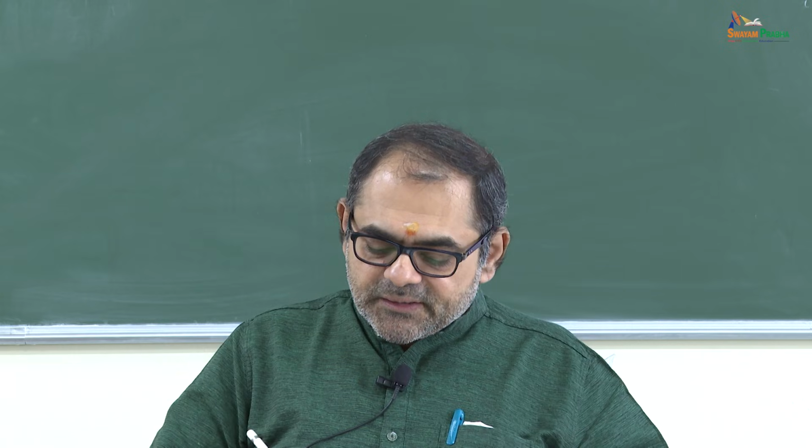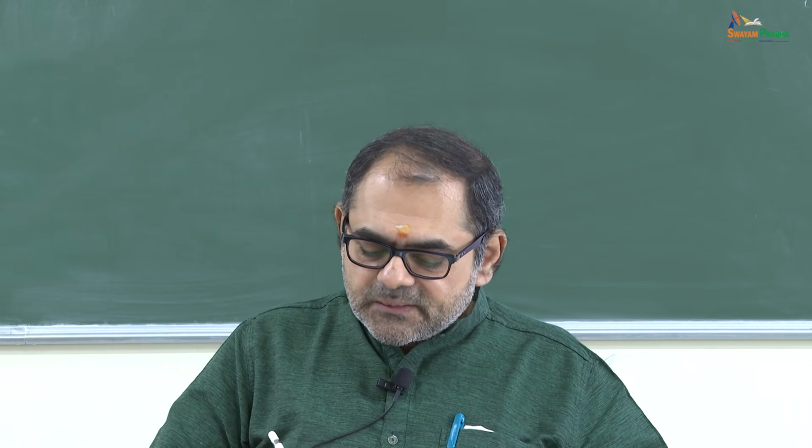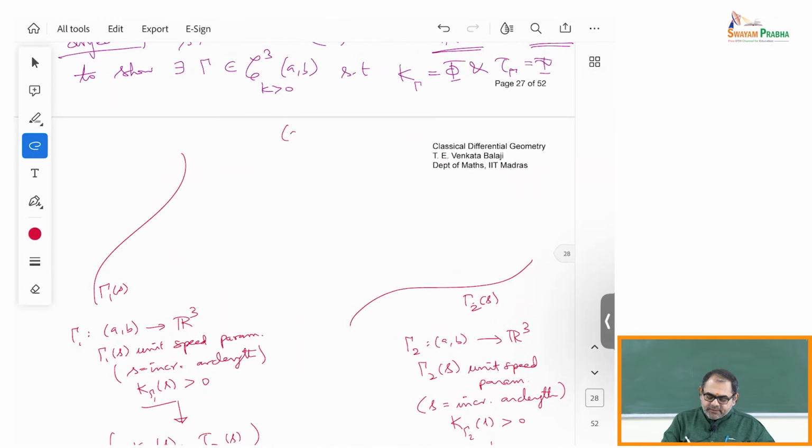So let me draw a picture like this. Here is my AB, and my gamma 1 is a map like this. Okay, and this gamma 1 might be sitting inside R3, and then this gamma 2 is also sitting inside R3. Okay, and capital gamma 2 is thought of as a map like this.